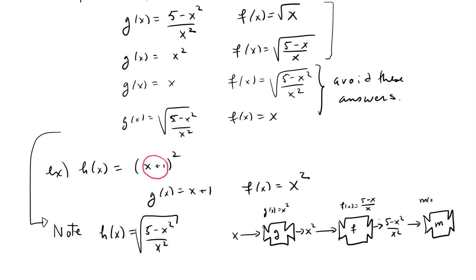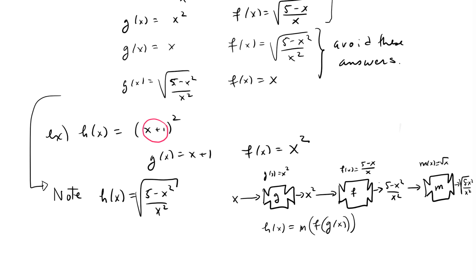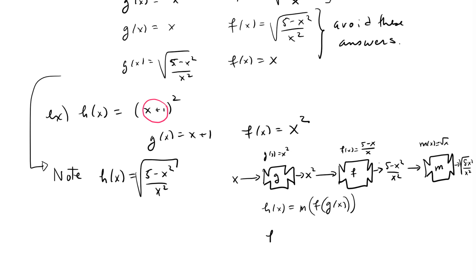So m of x would be the function that takes the square root. And that would output the square root of (5 minus x squared) over x squared. So this way you've decomposed h into three functions. So h of x here is g of x, then you do f of g of x, and then you do m of f of g of x. And then it's a decomposition into three functions. So h is m composed with f composed with g.